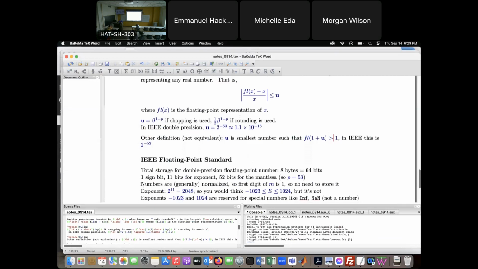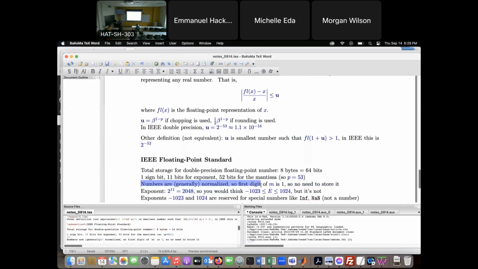This is what I was getting into earlier: most of the time we normalize, so there's no need to store that leading digit. Now here's the strange part. We have 11 bits set aside for the exponent, so that leads to 2,048 possible exponents. You would think this would be the exponent range: minus 1023 up to positive 1024.